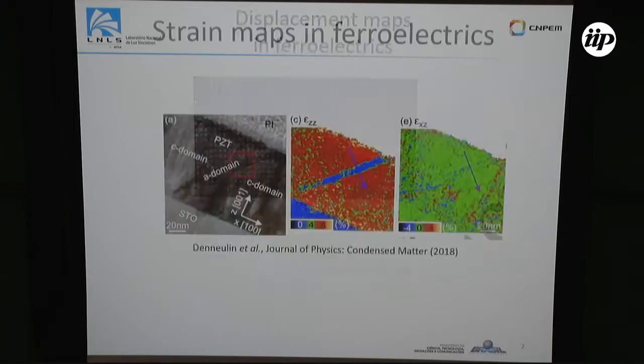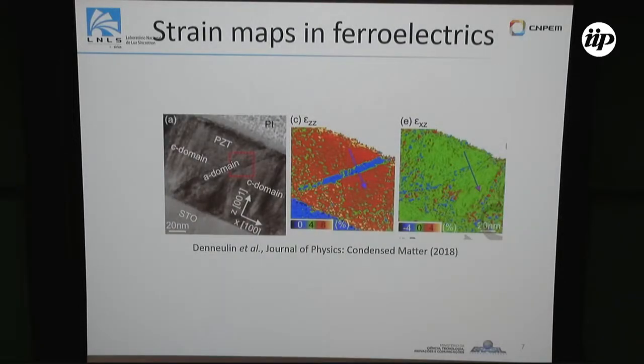I also have an example of a strain map in the ferroelectric PZT, where we can see the strain field in two directions, as it is a matrix: out of the plane, in the growth direction, and in the plane.